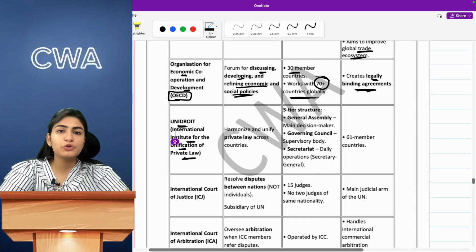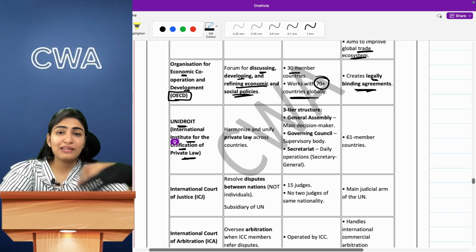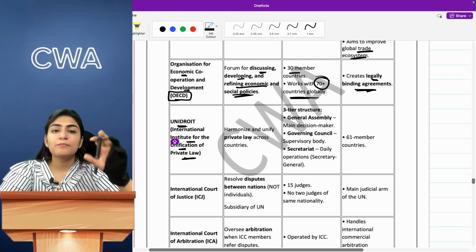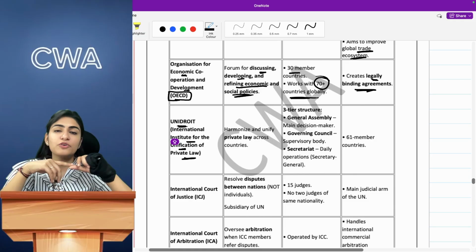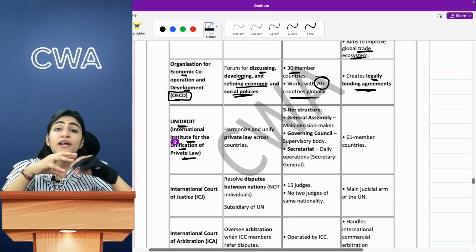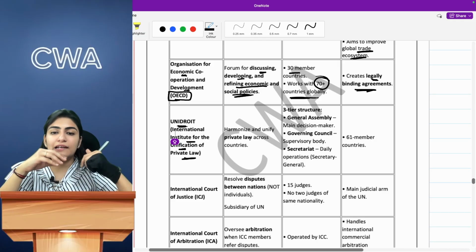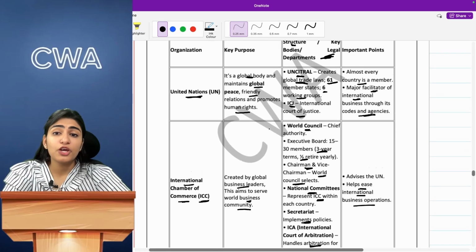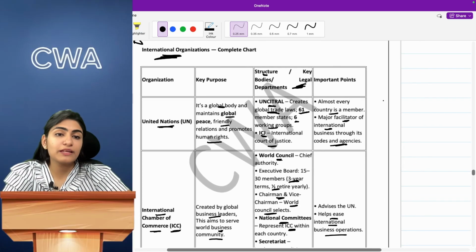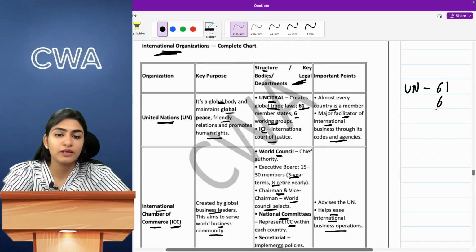My advice to you is don't mug things up. I'm not asking you to mug it up, but in such scenarios where you need to actually remember the number of members, try to create shortcuts or short forms. Let's say if we talk about UN, you can probably say that in UN everything is related to 61 members, 6 working groups.